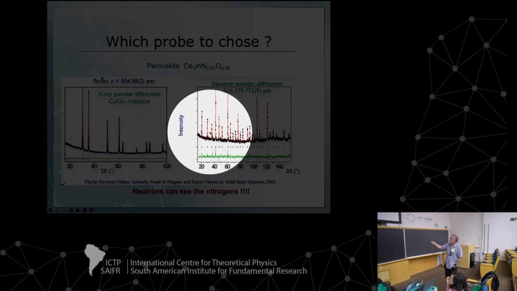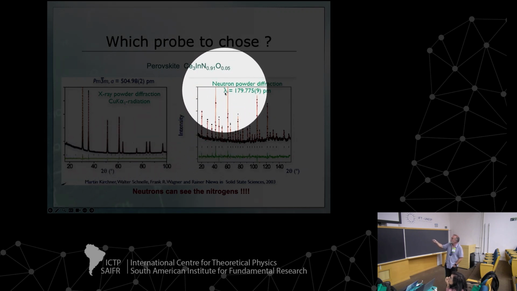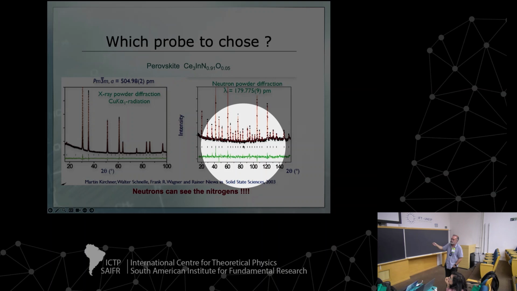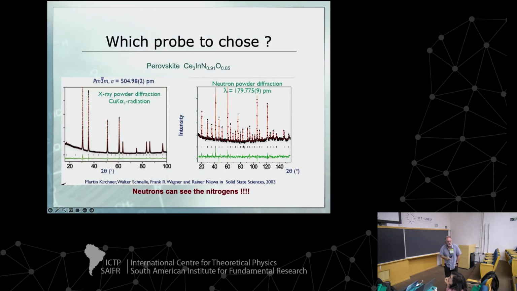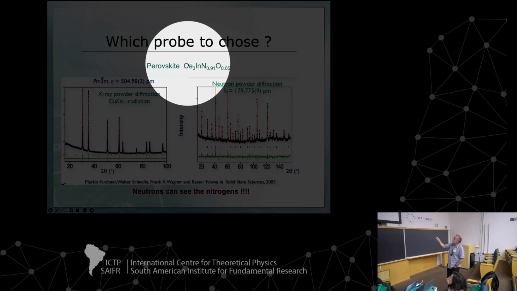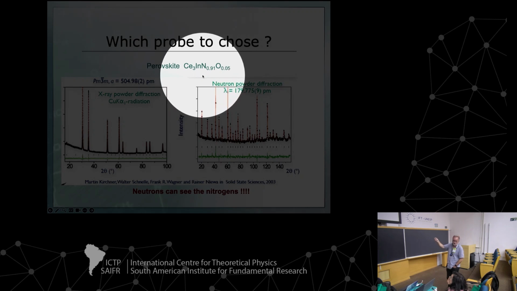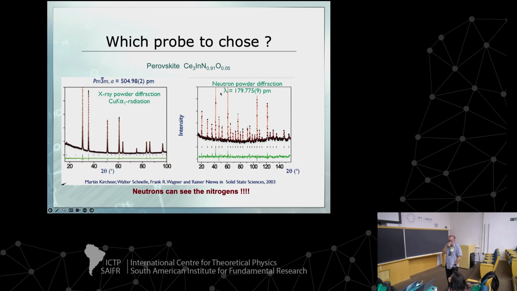And when you do neutron diffraction, lo and behold, you have plenty of peaks that come from the nitrogen. Because nitrogen has a very low atomic number and is in a relatively low amount compared to the other elements. The other ones are much bigger, so they interact much more with X-rays, and they completely hide the structure of the nitrogen.